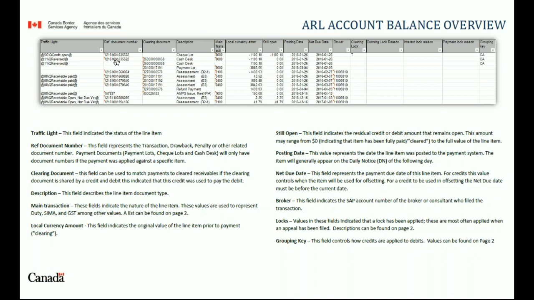One important thing to note is for items where you would see a cash desk description, and I'll touch on those in a minute: if you do see a reference document number, like you see in the second row here, what that indicates on a payment document is that the cash payment was meant to be applied to the receivable where the numbers match. So in cases where an importer has filed cash B3s and remitted payment, you can do things like group by the reference document number to see if the payment was applied to the account and if it was applied correctly.